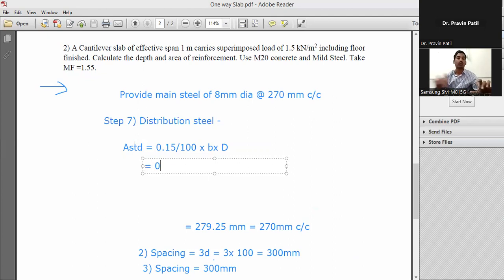So ASTD is equal to 0.15 divided by 100 into B, which is 1000 mm, and D, which is 120 mm.